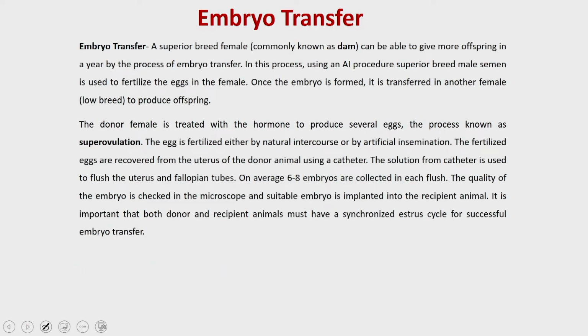The second procedure is the embryo transfer. In embryo transfer, you take a superior breed female, normally known as the dam, and you can get more offspring in a year by the process of embryo transfer. You have a superior breed female, but a female has a limited number of babies which it can produce in a single year.